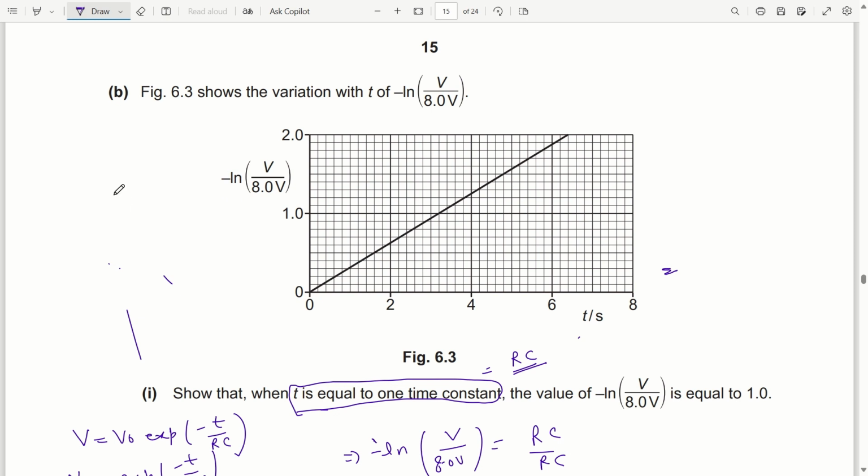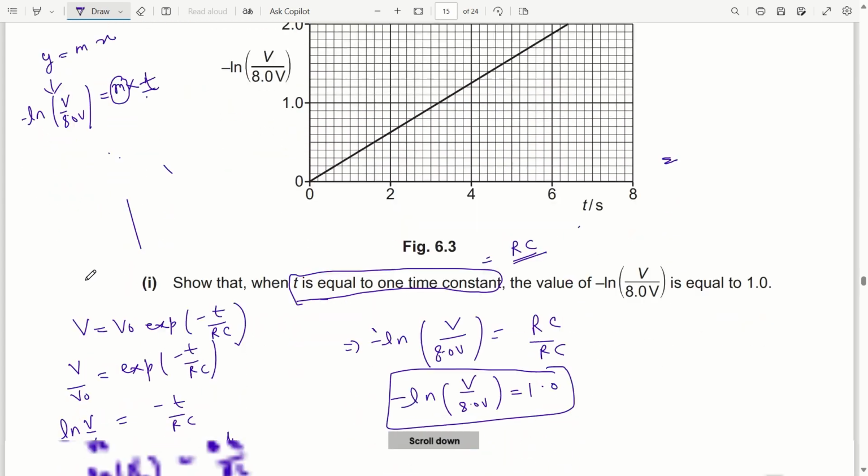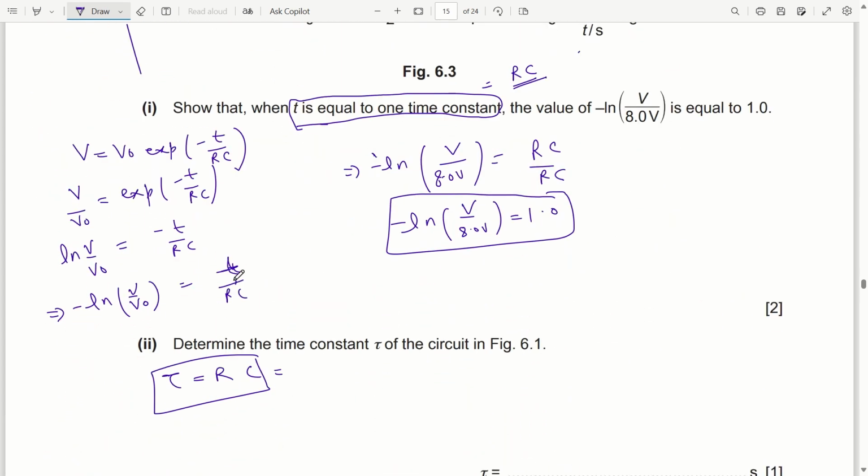So if I compare this with the y is equal to mx equation, then I can say y, here minus log natural V by 8.0 V, is equal to m into t. So here, from this equation you can see the slope is given as 1 by RC.